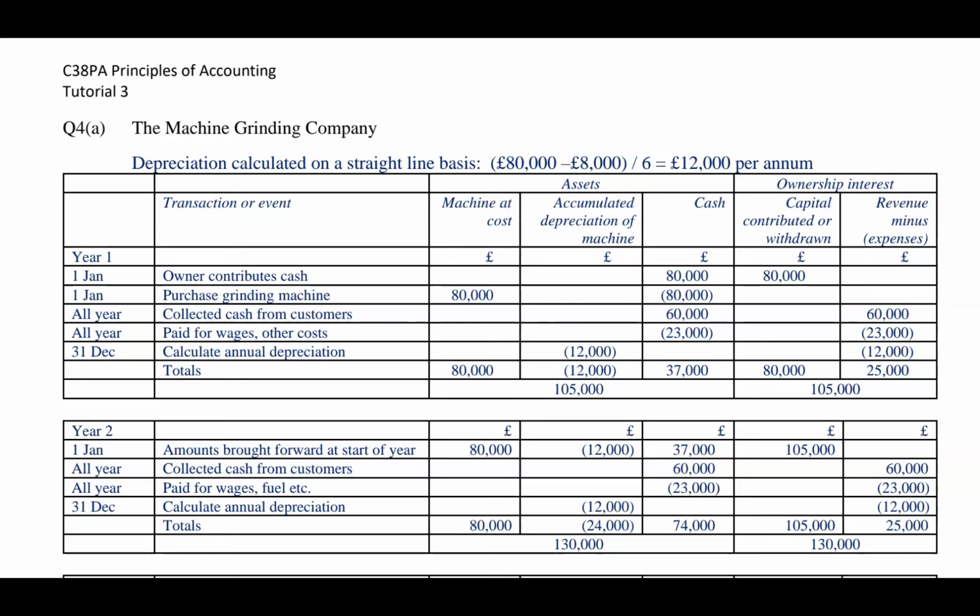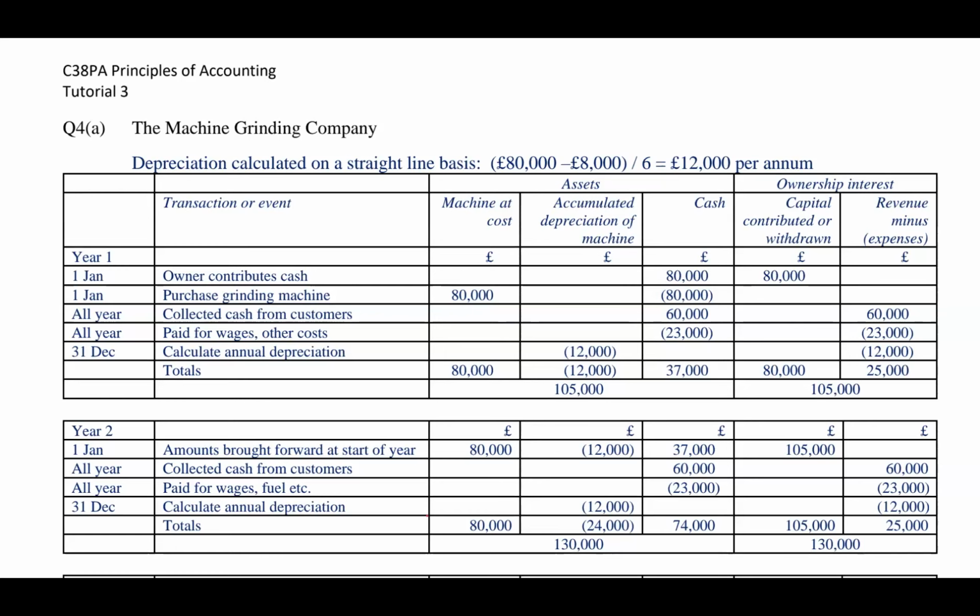Basically that's the base of where you have to put things, under the assets or under the other categories. You can't just put it anywhere. You understand the transaction behind it, whether it's assets decreasing or ownership interest increasing. Yeah, it makes sense.